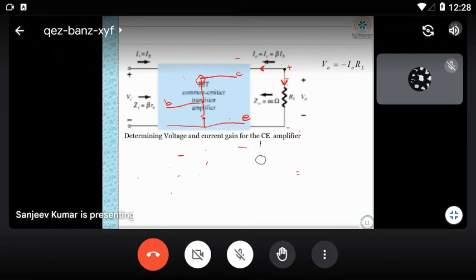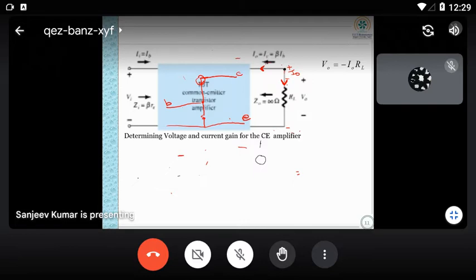So voltage gain means output voltage divided by input voltage. Now if I'm taking the output voltage across the load resistor, the current I0 will be this one, the output current flowing through this RL.